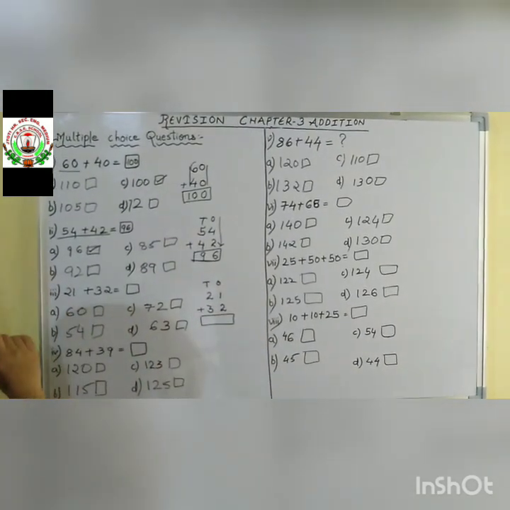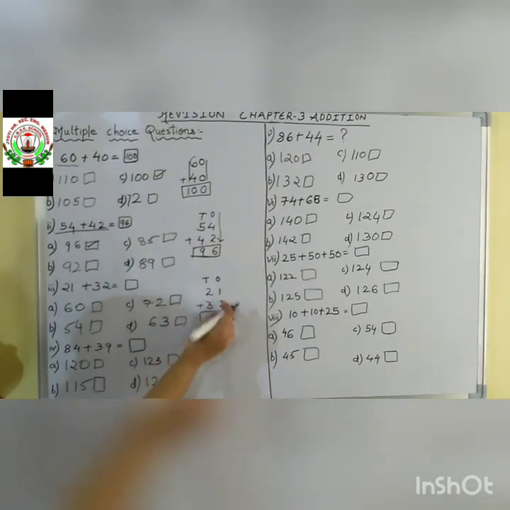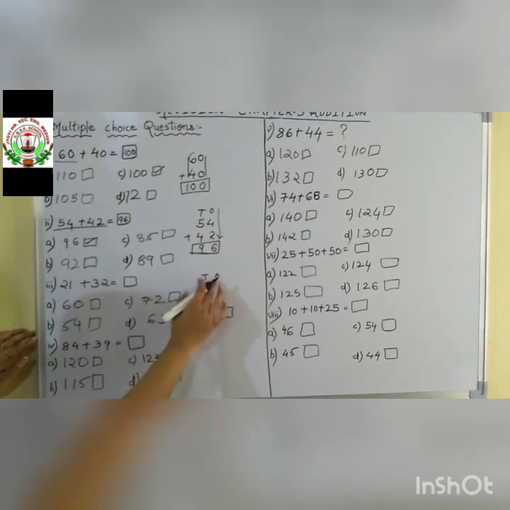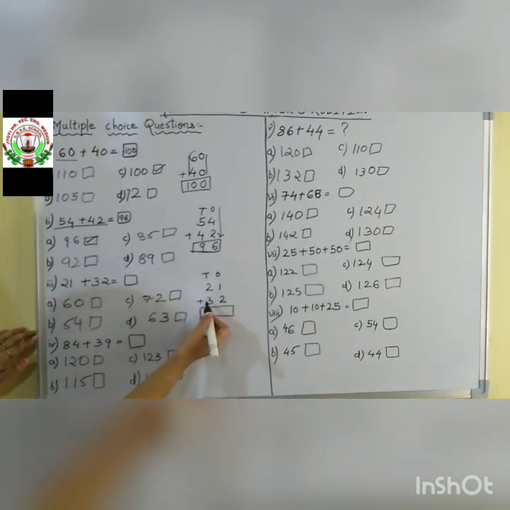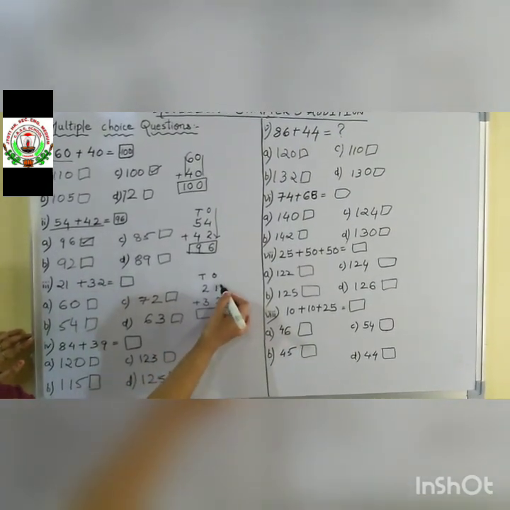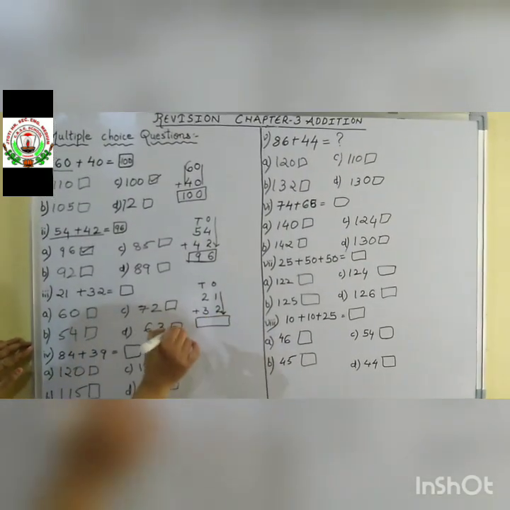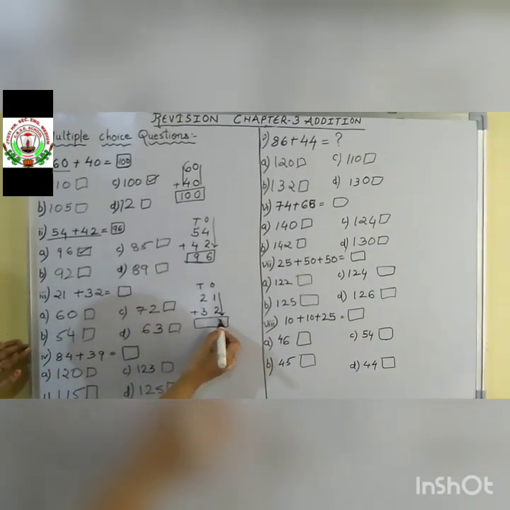Then we will do the addition. First, do the placement of the digits according to the place values correctly. 23 written, put the heading ones and tens, then 32. Start from the ones place and then tens place. Okay? Don't mess the numbers. Then ones place, 3 plus 2, 5.